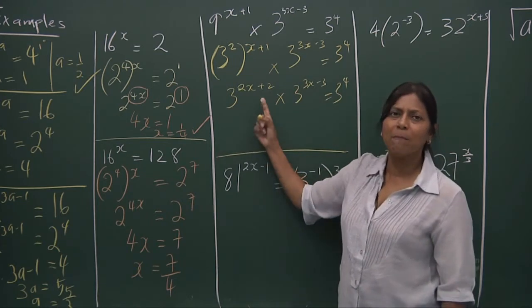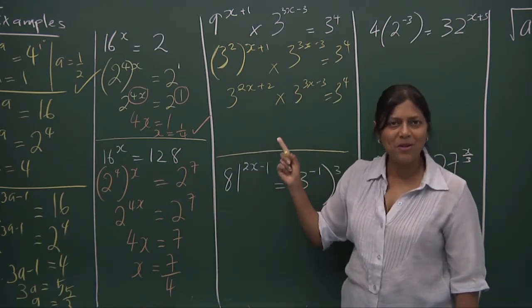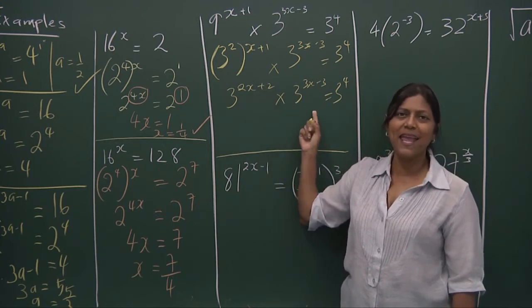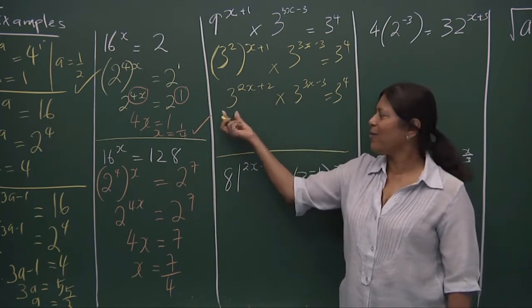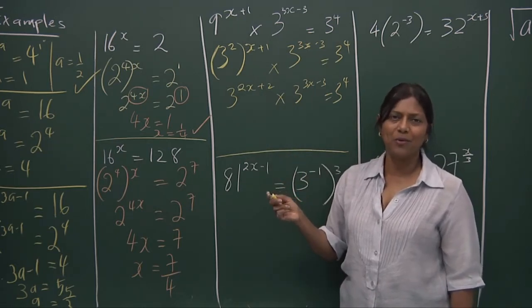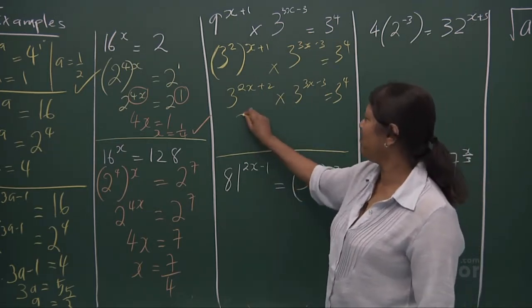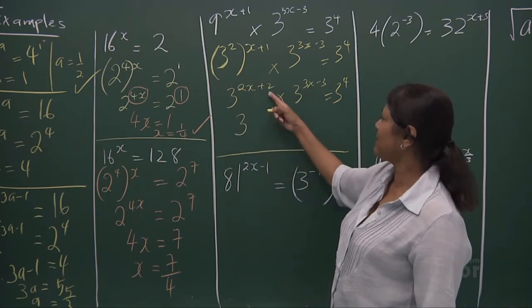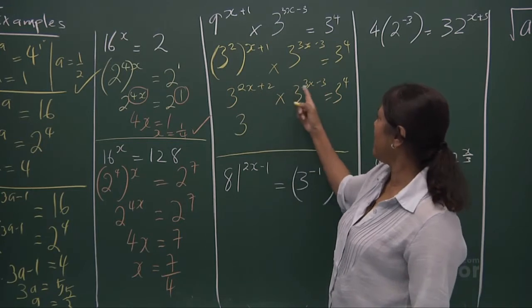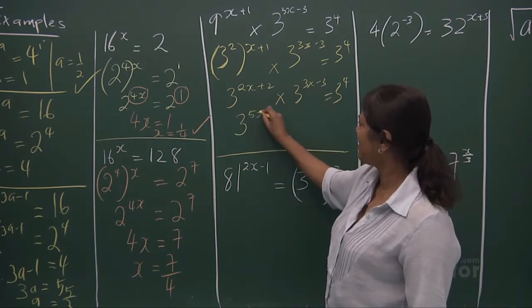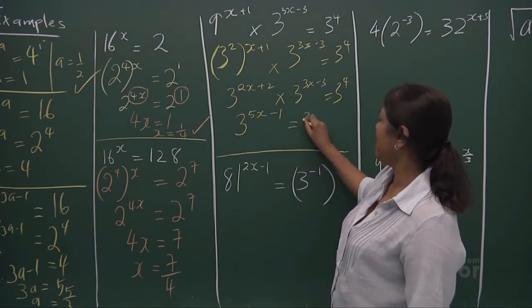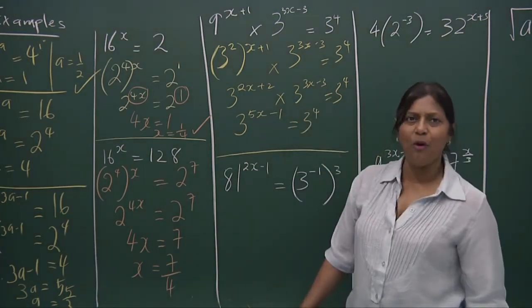When you multiply, remember your laws of indices, a^m times a^n. They have a common base. You just add up the powers. When you add them up, you get 2x plus 2 plus 3x minus 3. You add them up, you get a 5x. 2 minus 3, you get a minus 1. And this is 3 to the power of 4.